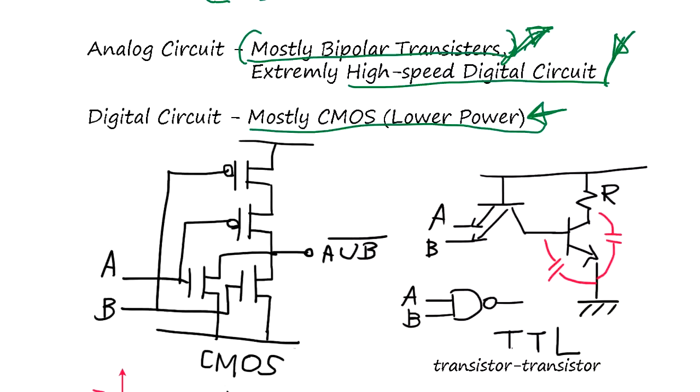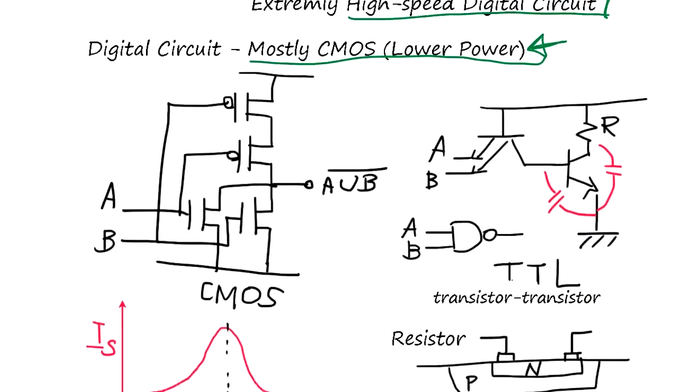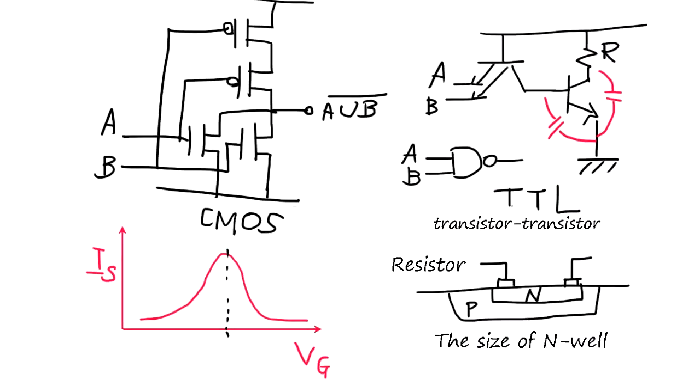Okay, here's a digital circuit example. This is called TTL, transistor-transistor logic, and has a multi-emitter, and I'll show you how to make a multi-emitter later. And you connect like that.